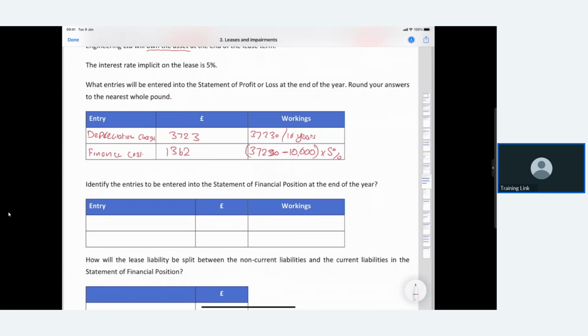Okay, so within your property, plant and equipment, the net book value is going to be 37,230, which is what we originally recorded it at, minus depreciation. So this would now be valued at 33,507.